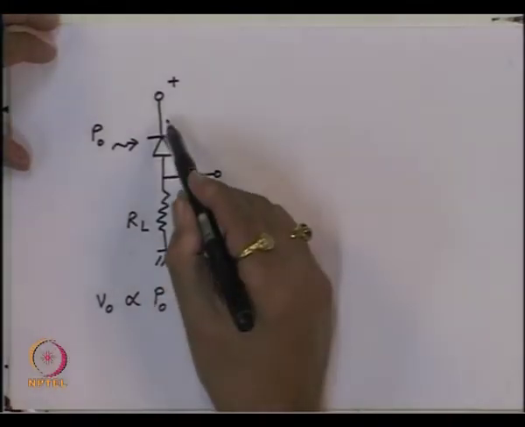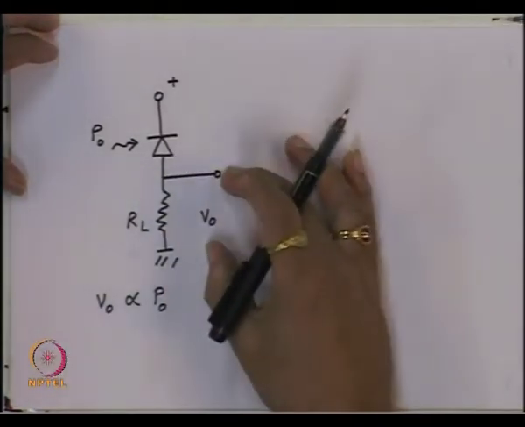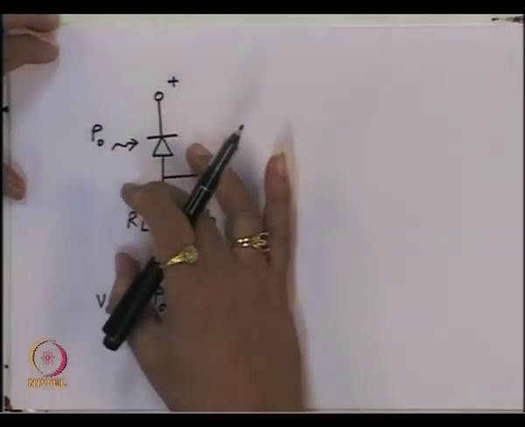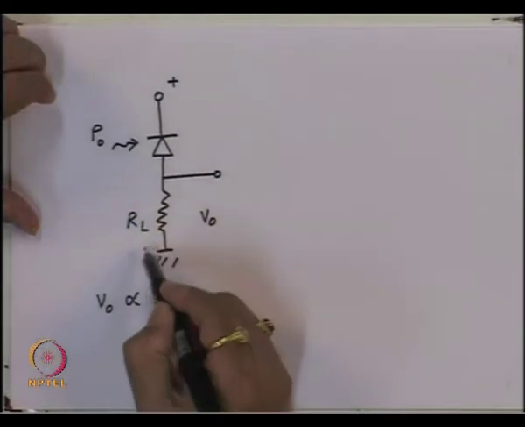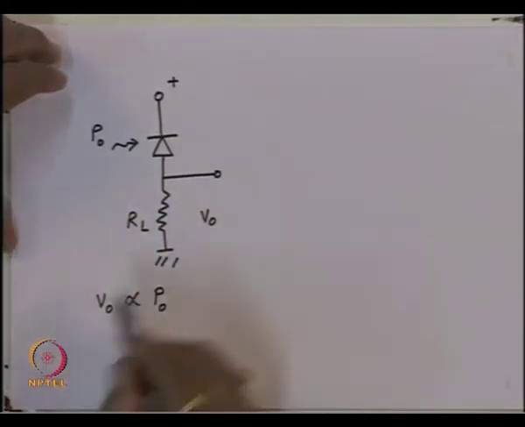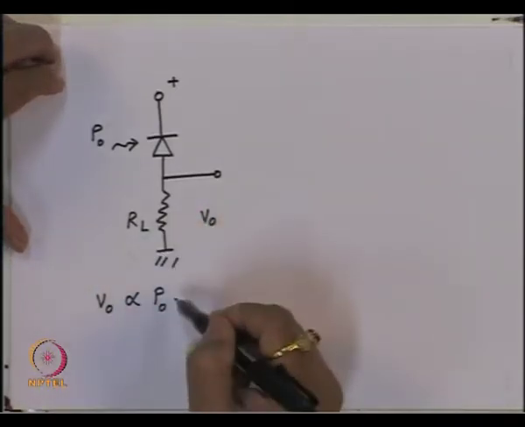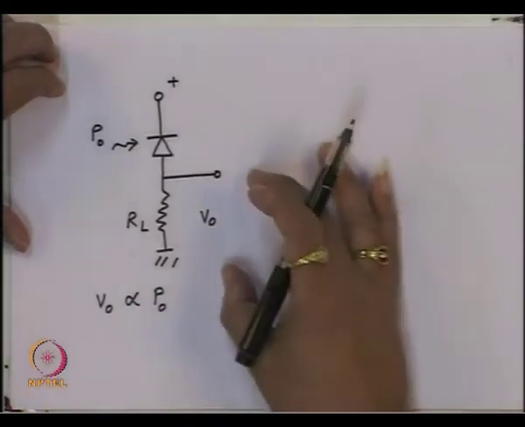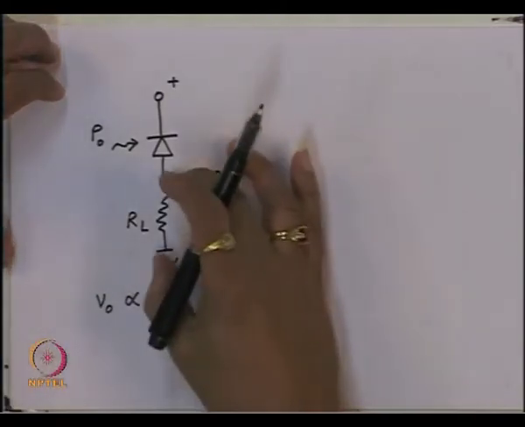Now since this device is a constant current device, if you want to have a substantial voltage developed across this, then the value of RL should be large. But if you make the value of RL very large, then it will be immediately clear that the output impedance of this circuit will be very large. In other words, we will not be able to connect any device following this without loading this circuit.